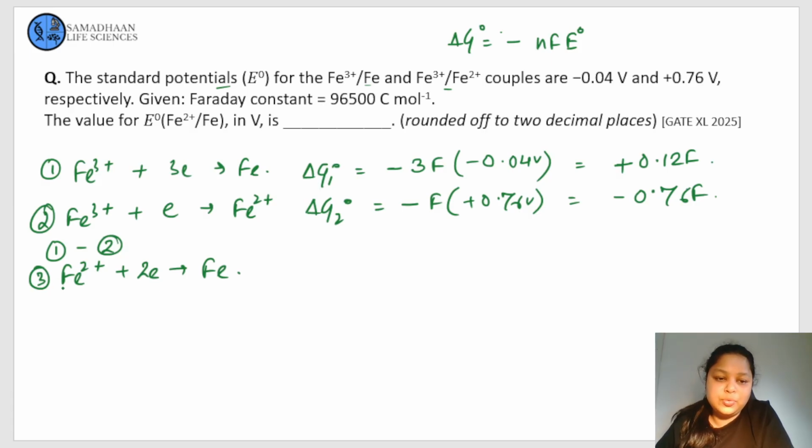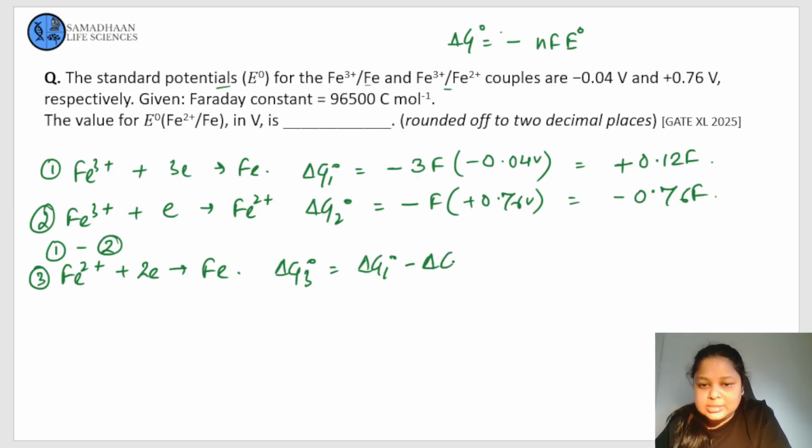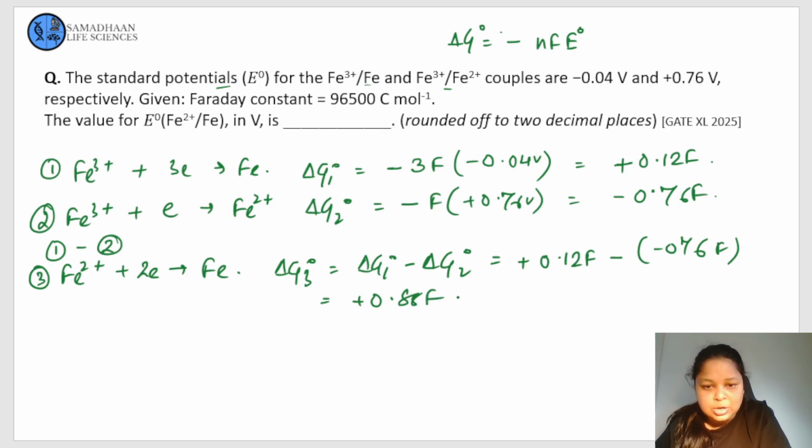But we cannot do this simple subtraction for the cell potential values, because this is an intensive property and we cannot do simple multiplication by stoichiometric coefficient here, but we can do this subtraction for the Gibbs free energy values. So delta G3 for this third system will be delta G1 minus delta G2, which means plus 0.12 into F minus 0.76 into F. So this will come around minus 0.88 into F. Now we have to calculate the cell potential.